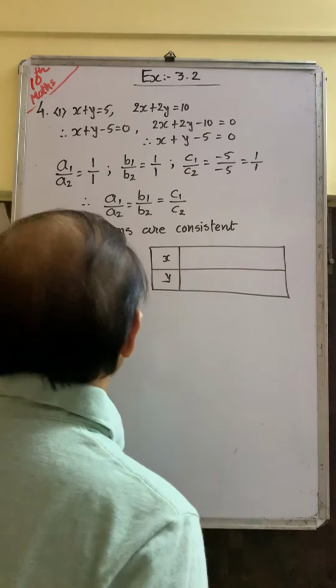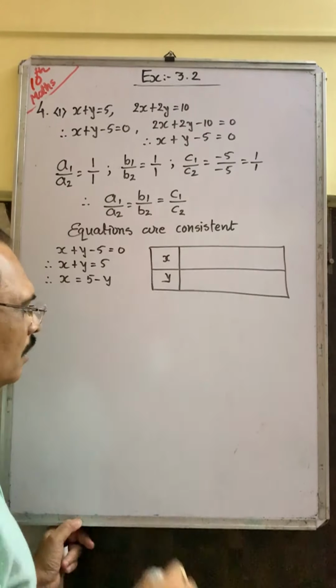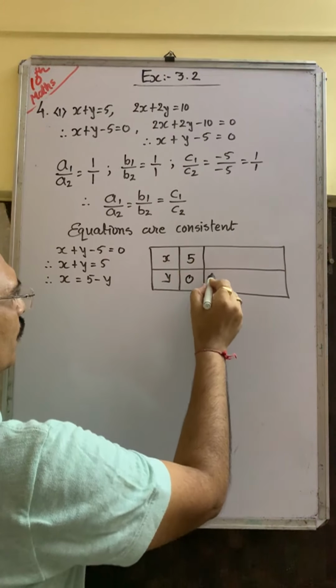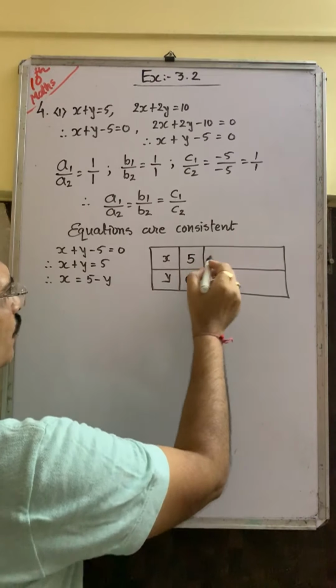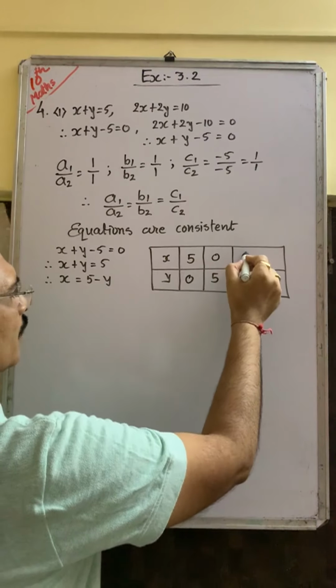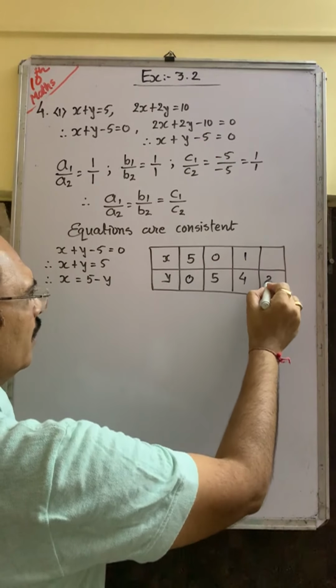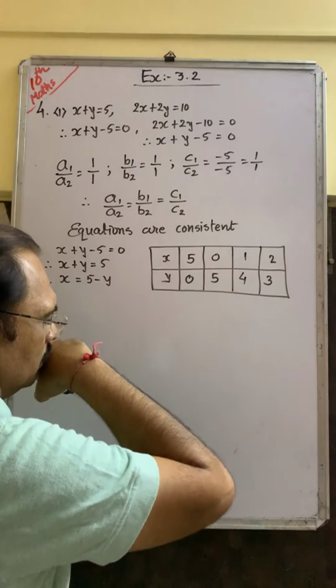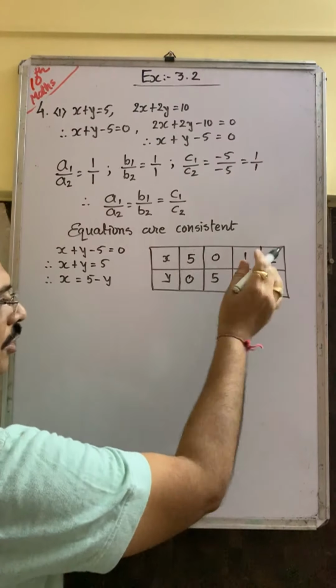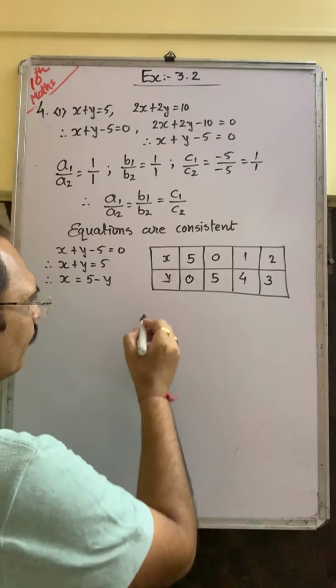X, y. Now see, if you take y 0, then x is 5. If you take y 5, 5 minus 5 is 0. Take y equal to 4, 5 minus 4 is 1. If you take 3, then 2. Both equations are same, means infinitely many solutions. You can write in infinite ways.